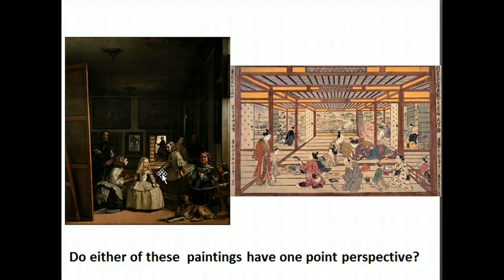Is there a horizon line somewhere that lines up? And no, there are no orthogonal lines, and there is no horizon line either that clearly shows us that this is a one-point perspective painting. So no on Las Meninas and yes on the Japanese woodblock print.